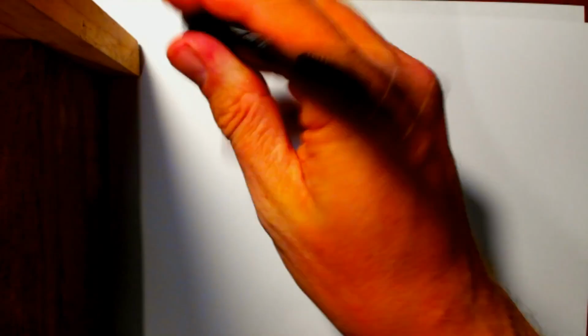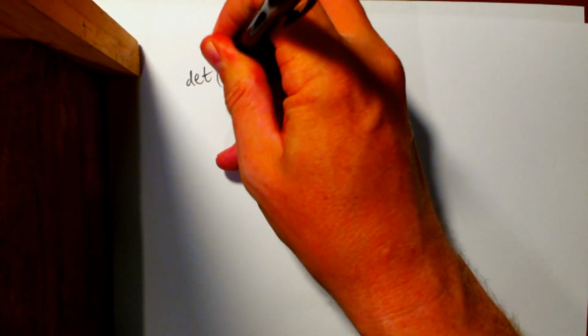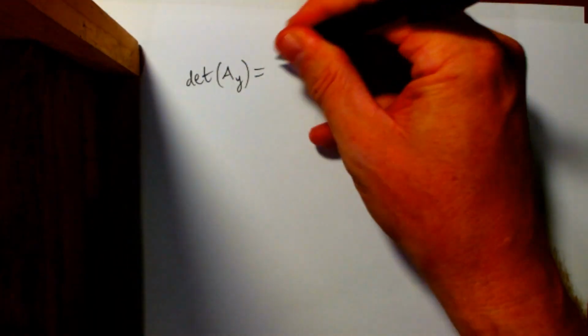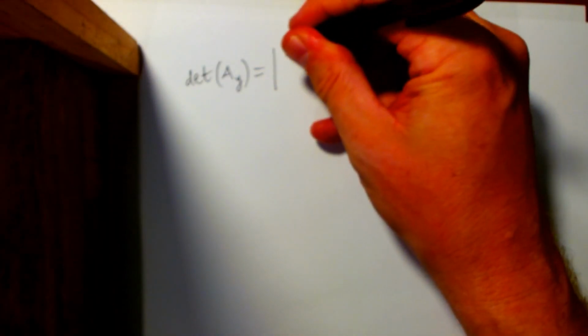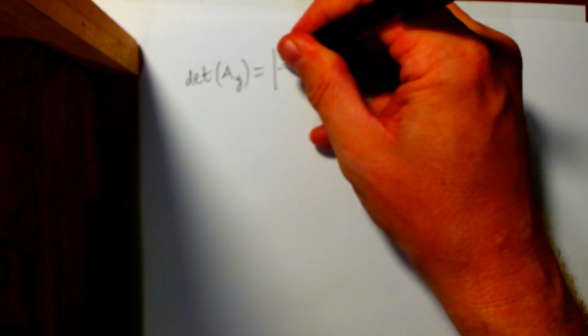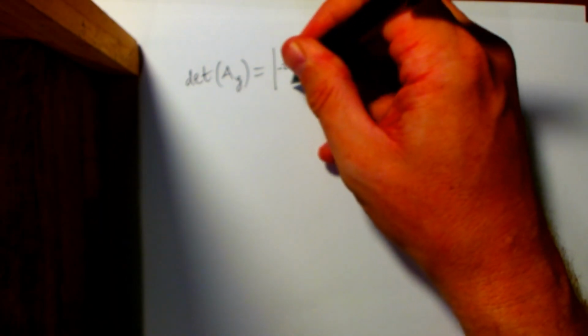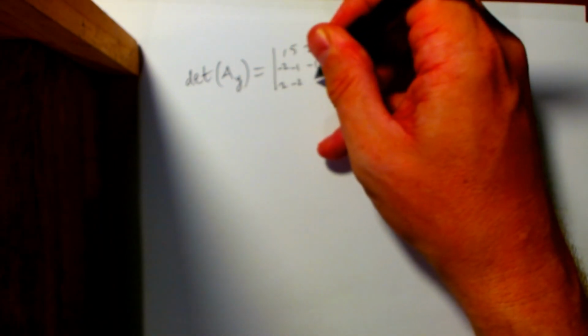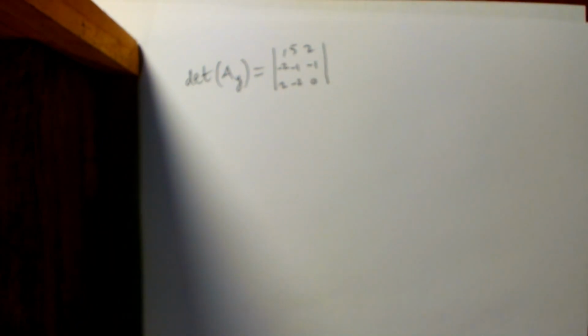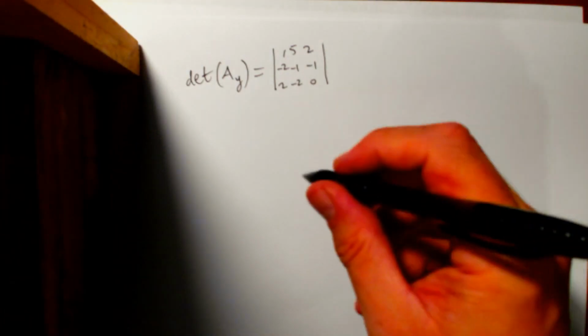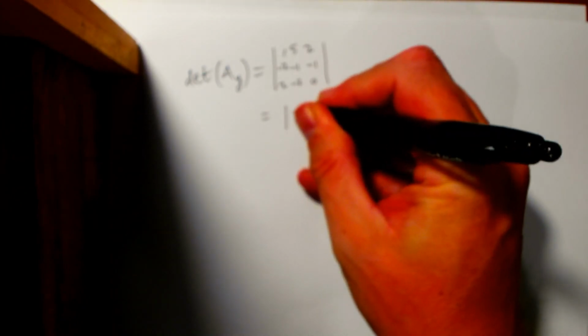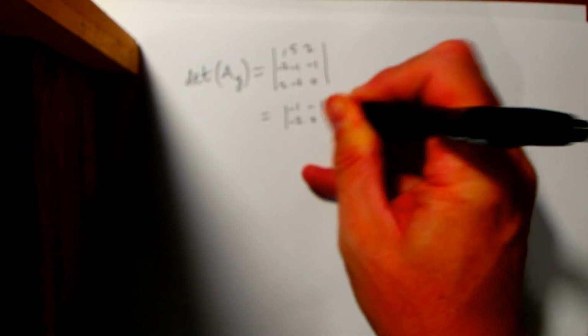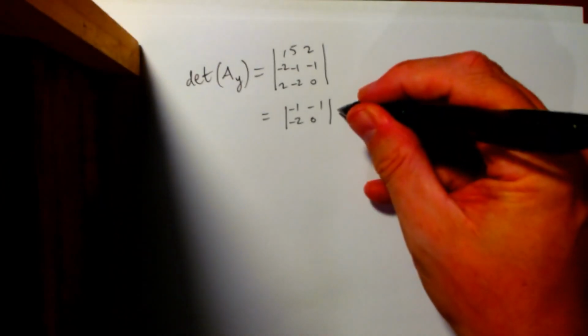Okay, so the determinant of A subscript y is equal to the det of 1, 5, 2, minus 2, minus 1, minus 1, 2, minus 2, 0. Okay, good. So this is the determinant of minus 1, minus 1, minus 2, 0 times 1.